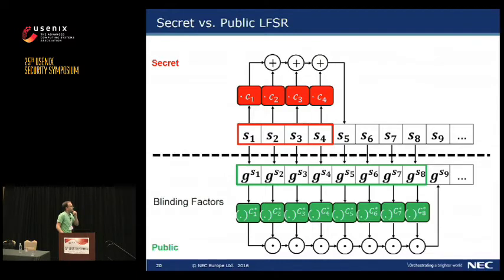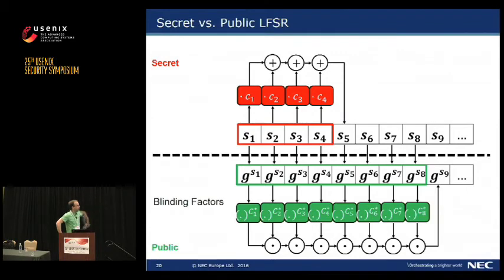If we choose a shift polynomial which is not primitive, meaning it has some redundancy, the sequence of blinding factors will not have the full cycle length it could have, but a shorter one. So it produces a sequence which could already be produced by a much shorter polynomial. So exactly this we apply here.